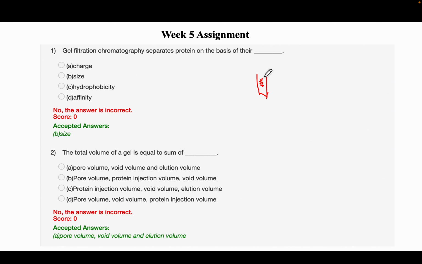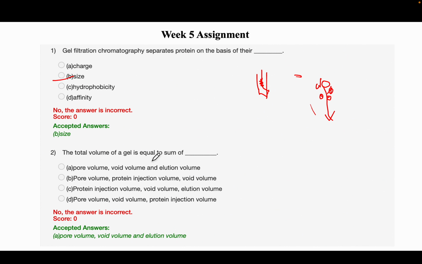If your protein size is small, it will pass through the pores, and if your protein size is big, it will not go through the porous structure. So the larger protein will come out first, but the smaller protein will travel more path, so it will come later. So gel filtration chromatography separates protein on the basis of size.